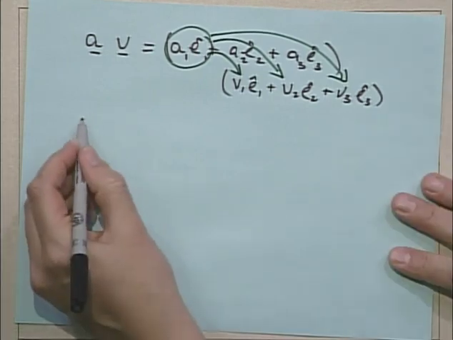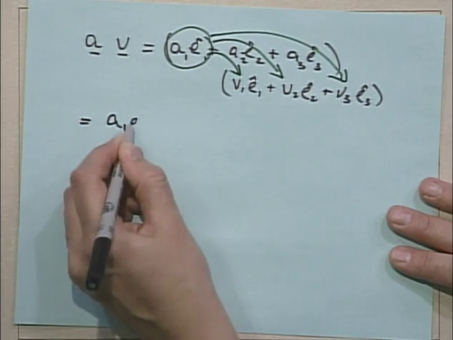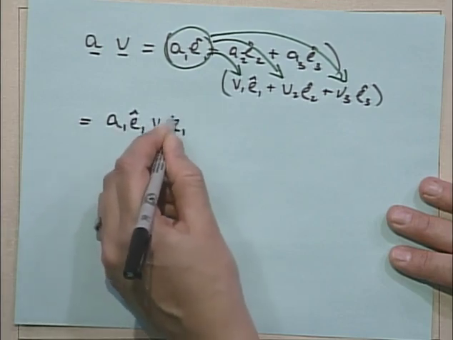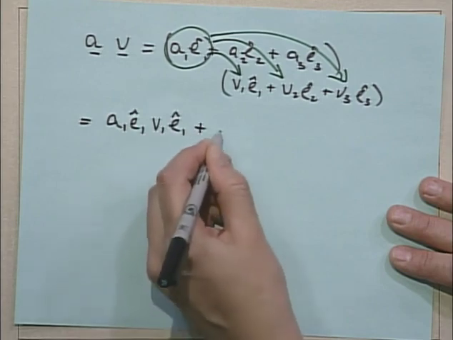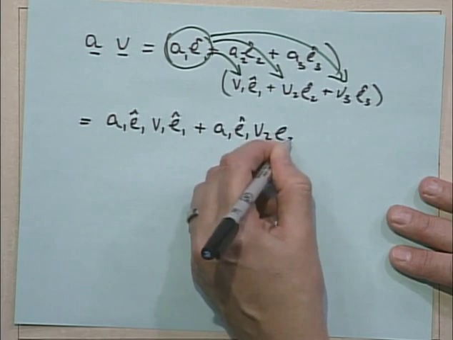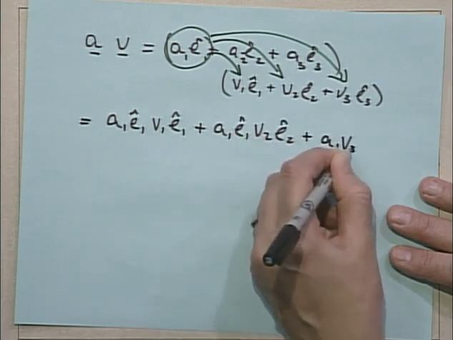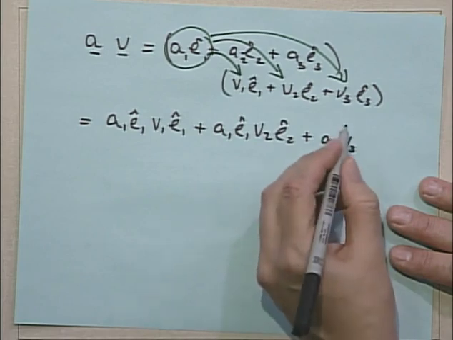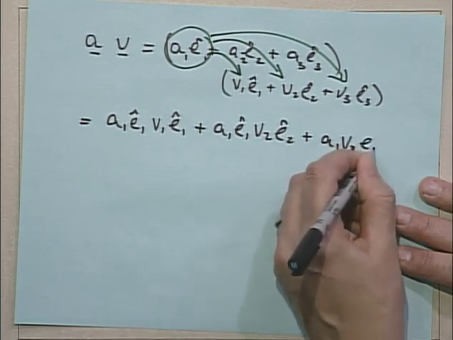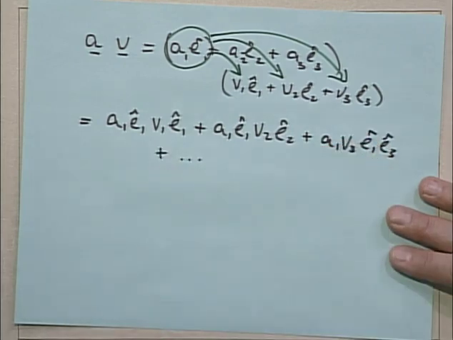So that means, you can see there's going to be a lot of terms here. I have A1 E1 now sitting next to V1 E1. And then I have A1 E1 sitting next to V2 E2. And I have A1 E1 sitting next to V3 E3, etc. So I showed you this last time. It distributes.